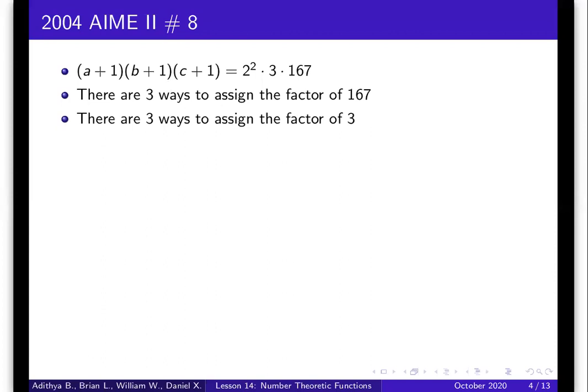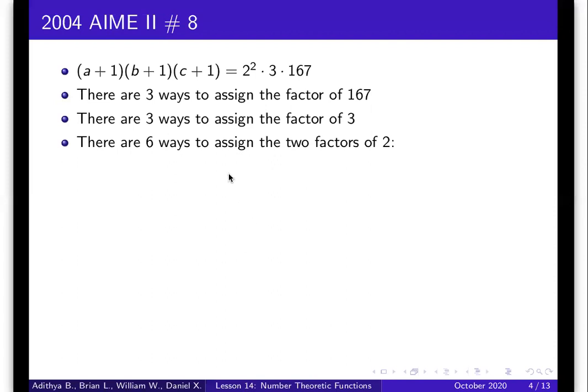There's a 2 squared on the right-hand side. So how many ways are there to assign the factor of 2? Yep, there are 6 ways.